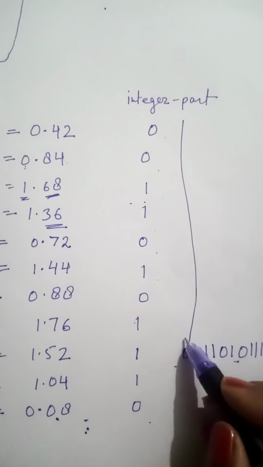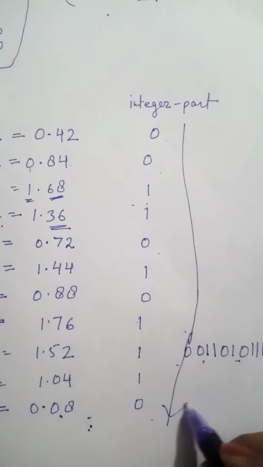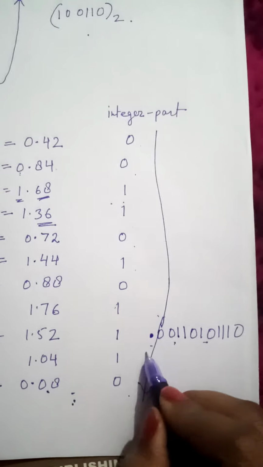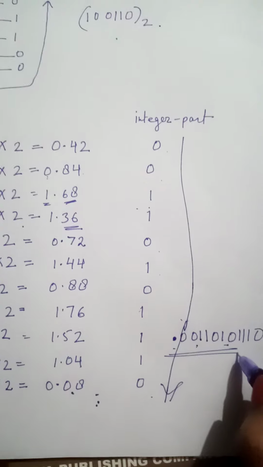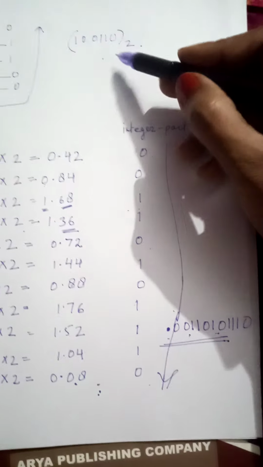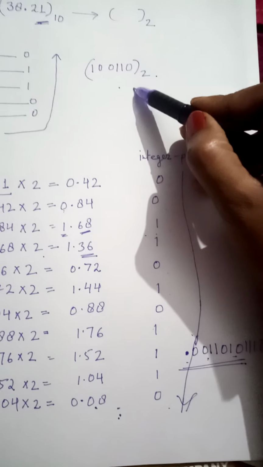From top to bottom. Point should be there. This is the binary equivalent of 0.21 and this one is equivalent to 38 decimal.